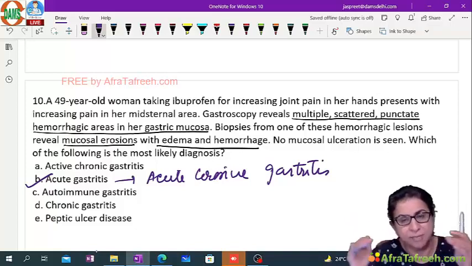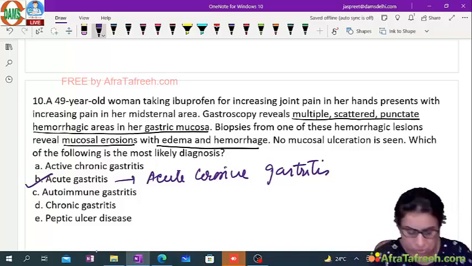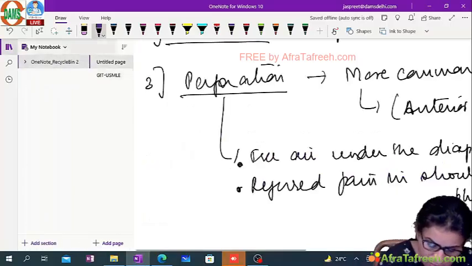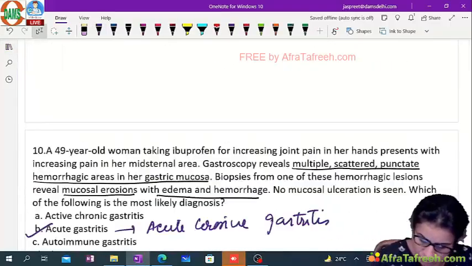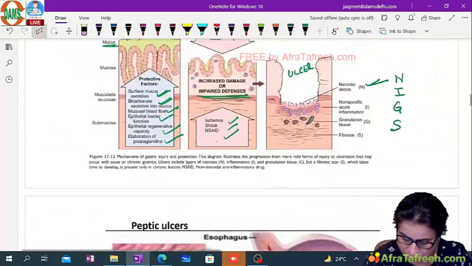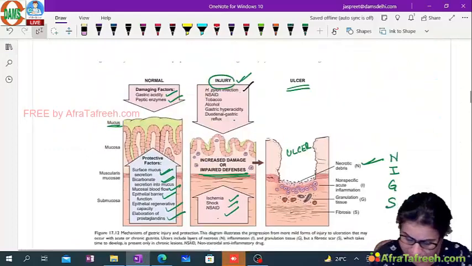So not just the epithelium, but it goes up to, as you saw in this picture, let me show you the picture once again. So this is the ulcer.